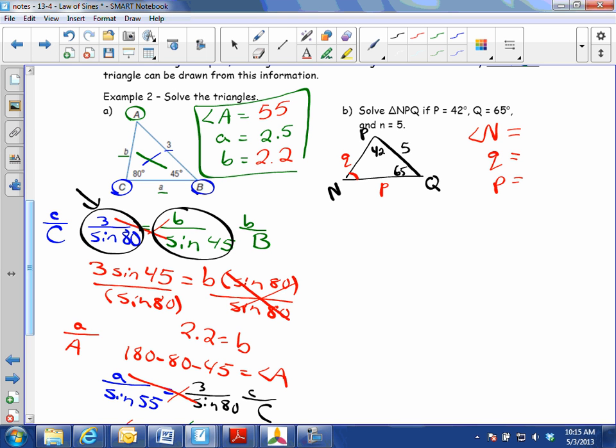Okay, what's the easiest part to find right away? Would it be easiest to find one of the sides or to find the angle N? Yeah, why angle N? Right, because the angles have to add up to 180.